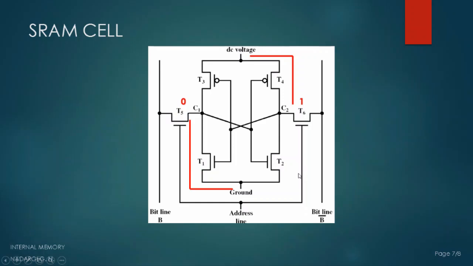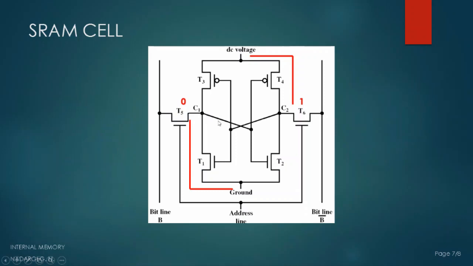For a write operation, the desired bit value is applied to line B, and its complement is applied to line B dash. This forces the four transistors, T1, T2, T3 and T4, into the proper state.